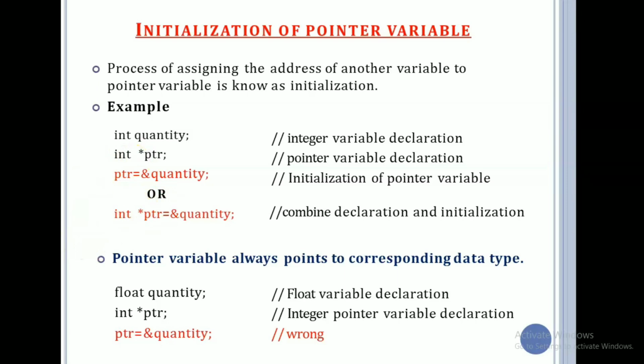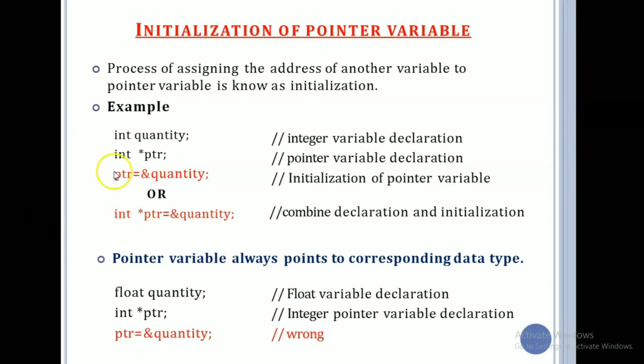For that, you write ptr equal to address of quantity. It is the ampersand symbol, and after that you mention the variable whose address you want to store into ptr.